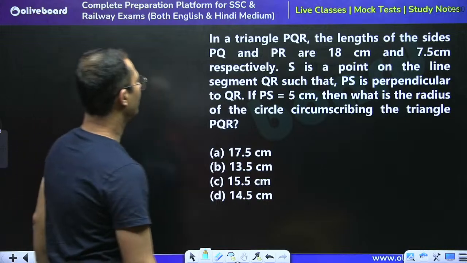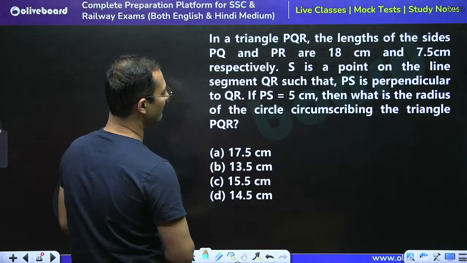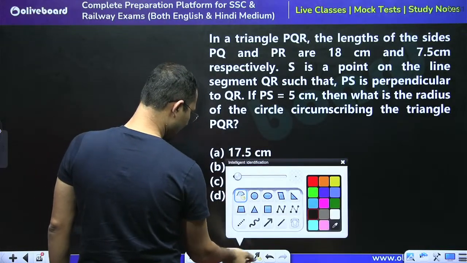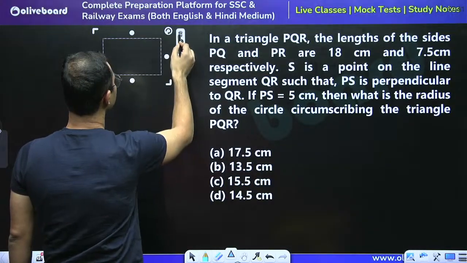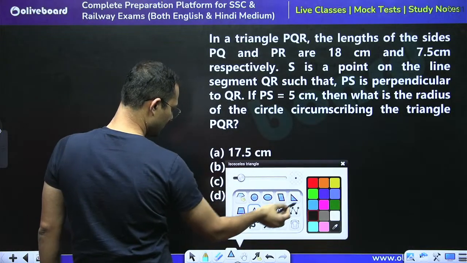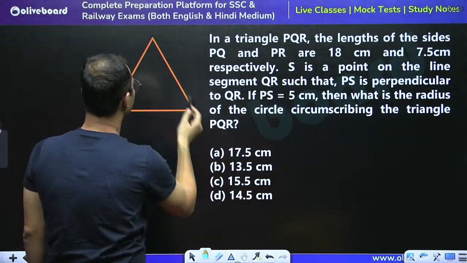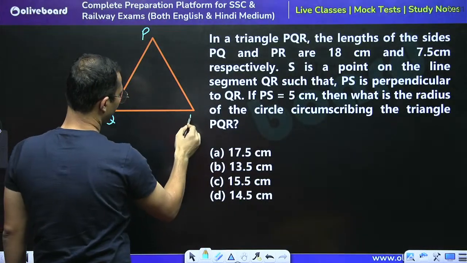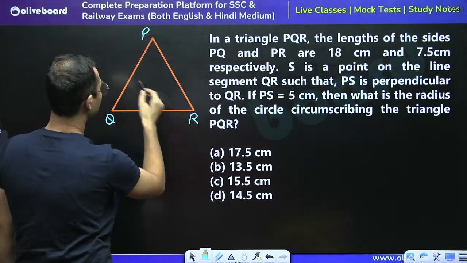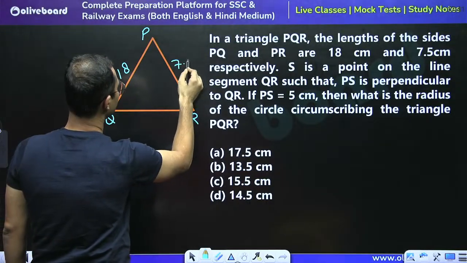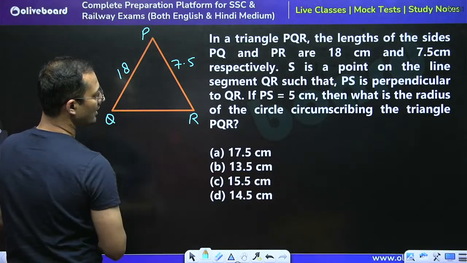In a triangle PQR, the lengths of the sides PQ and PR are 18 centimeter and 7.5 centimeter respectively, and S is a point on the line segment QR and PS is perpendicular.